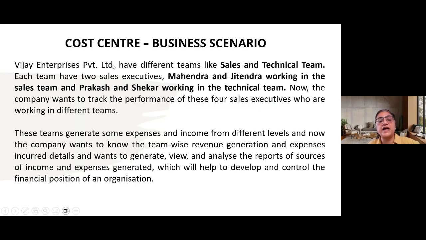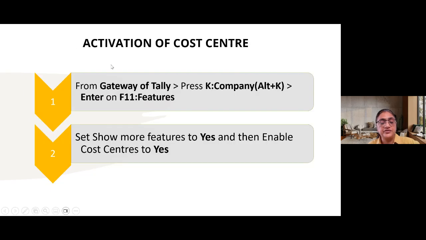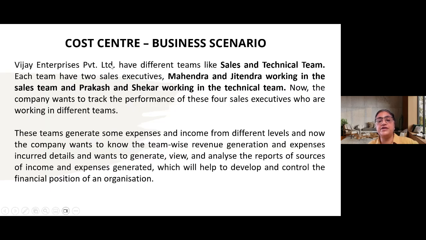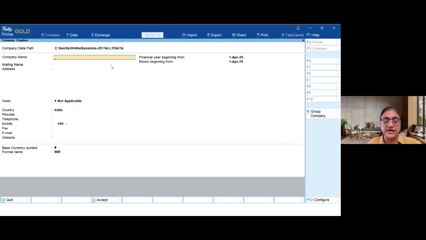Vijay Enterprise Private Limited has different teams like sales and technical teams. These are the cost centers you have to create in Vijay Enterprises Private Limited. So I'm going to create Vijay Enterprise Private Limited.